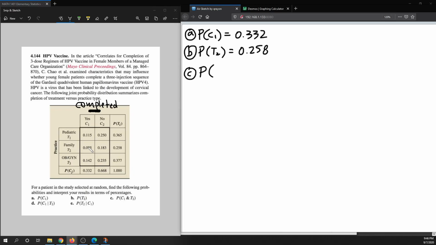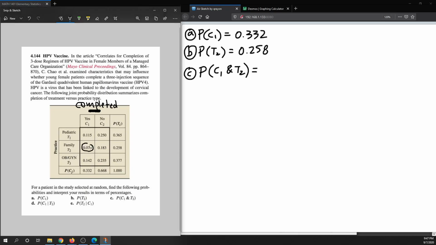All right, next up is part C. And in part C, they want to know what's the probability of C1 and T2. All right, so that is not a marginal probability like these two. It is a joint probability. So in this table here, we would look for C1, the column C1, and its intersection with the row T2, and that's right here, right?